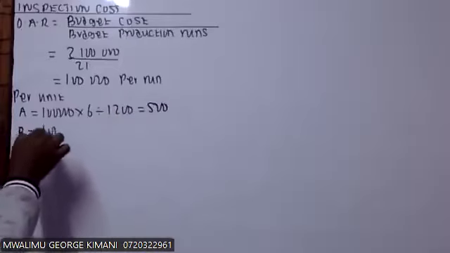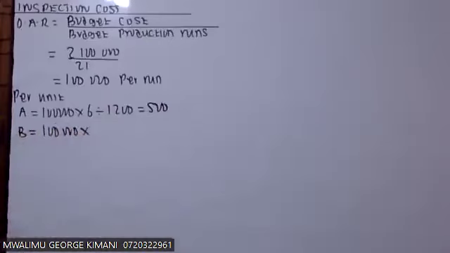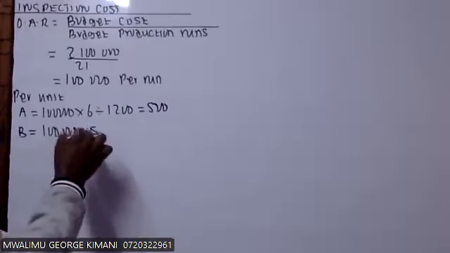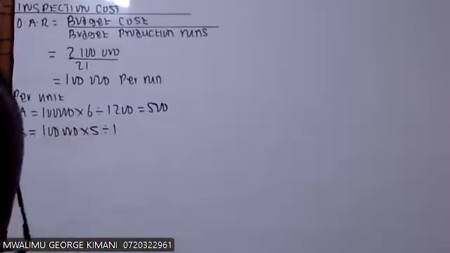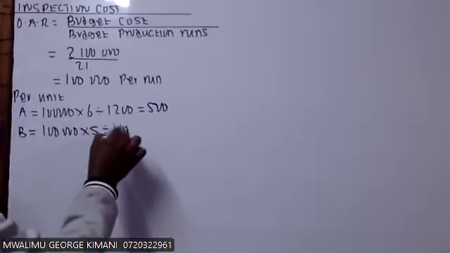B, we have 100,000 times 5. You divide by the number of units, 1,000.